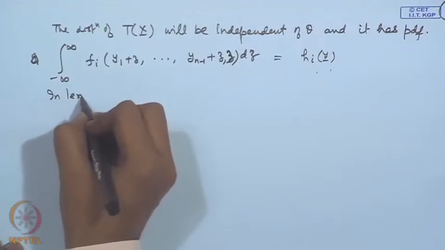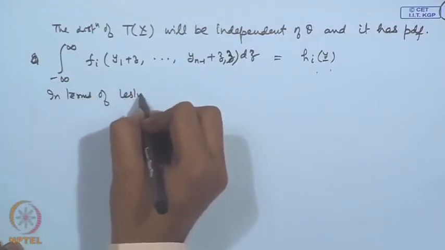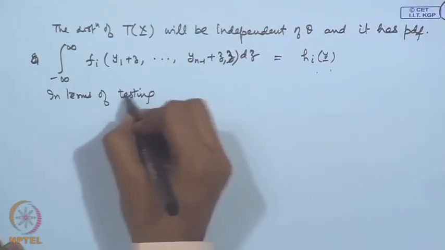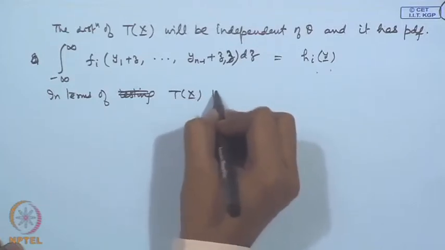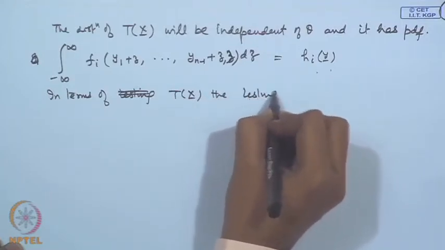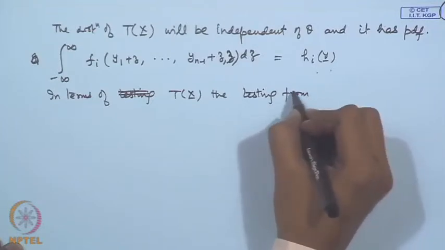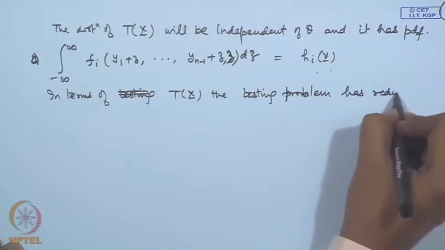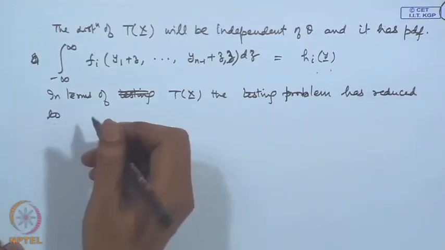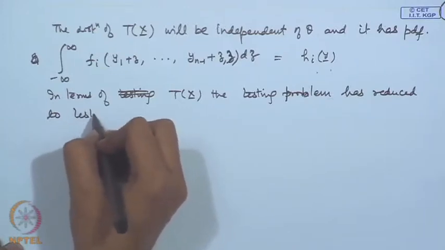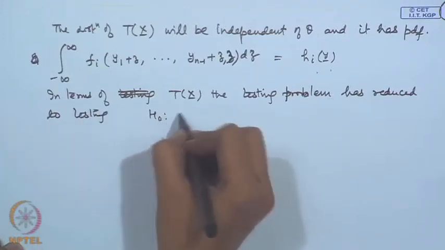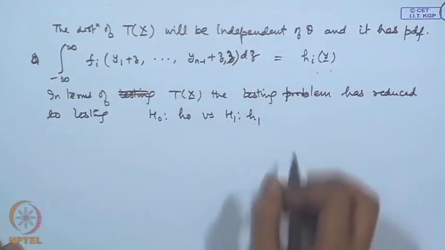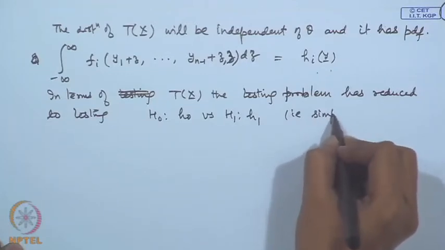So, in terms of T(x), the testing problem has reduced to testing H naught versus H1, that is, simple versus simple.